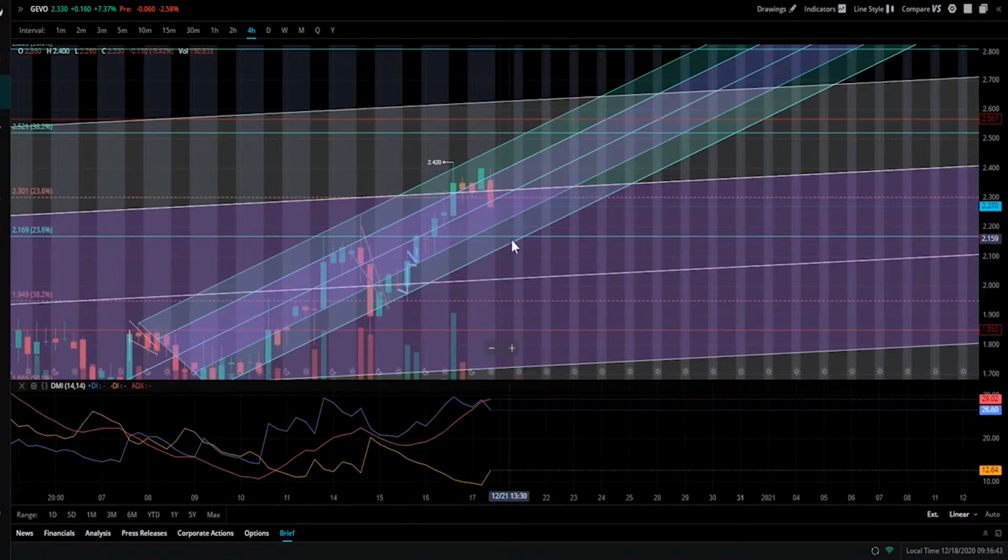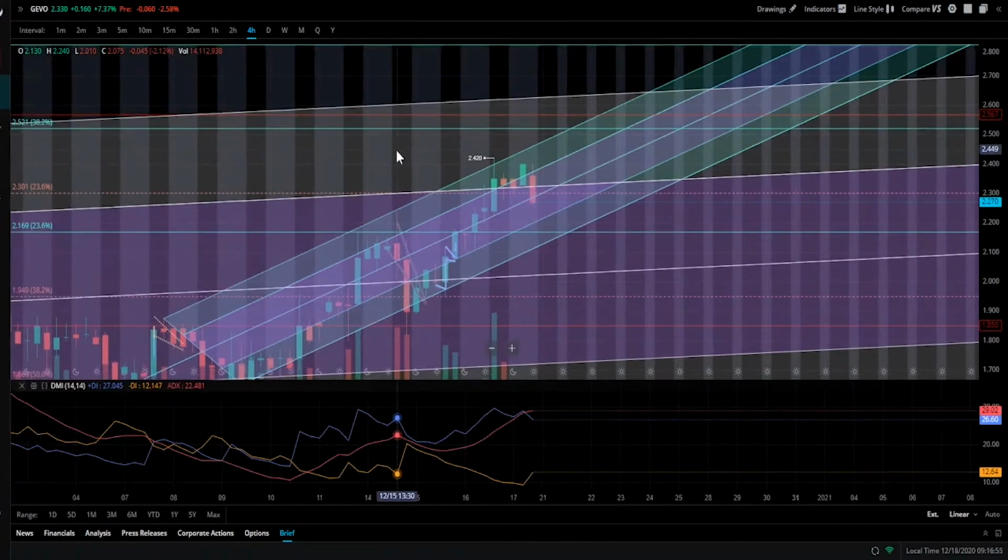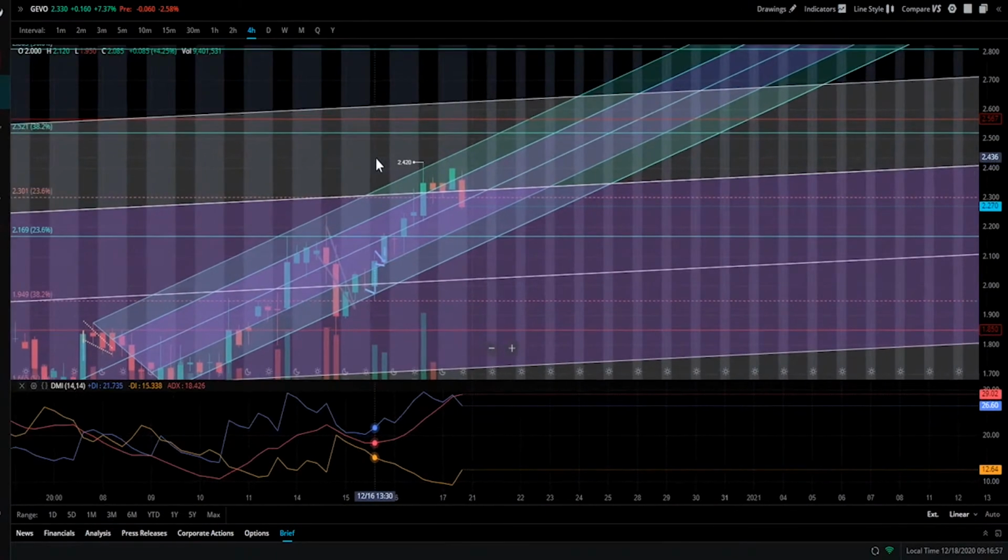That's a possibility. But after retesting that lower bound, we are due for a bounce all the way up again. So very soon we are going to see the 2.5. Whether it's today or Monday will depend on how far it will pull back. But in general, we are going to see 2.5 very soon.